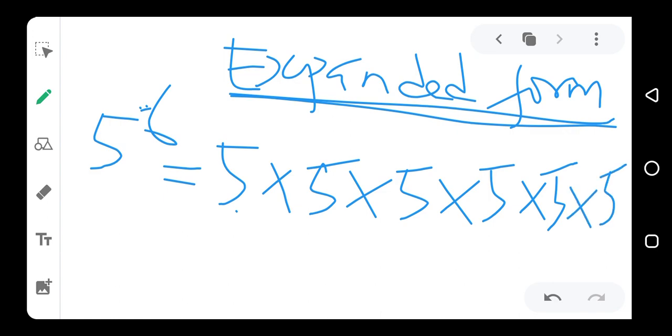So it's now 6. 1, 2, 3, 4, 5, 6. This is correct. So this is how to convert 5 raised to power 6 in the index form to the expanded form.